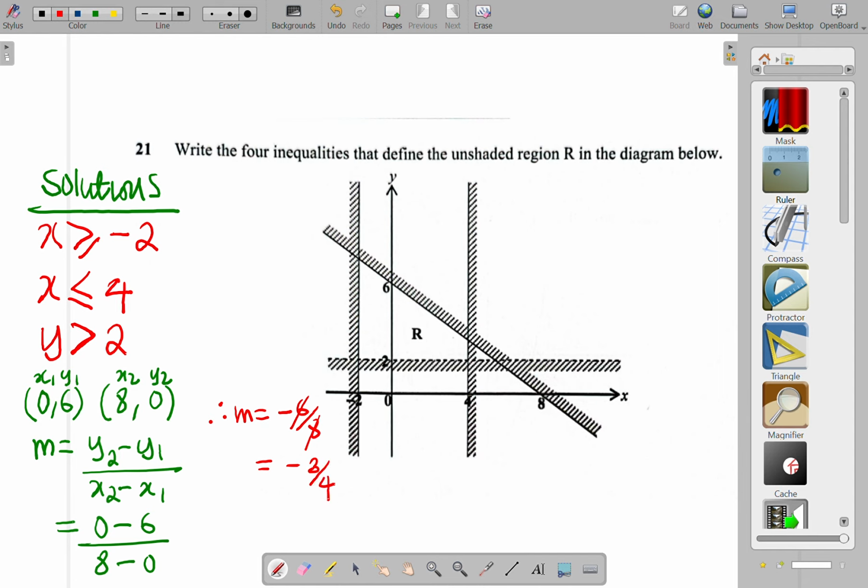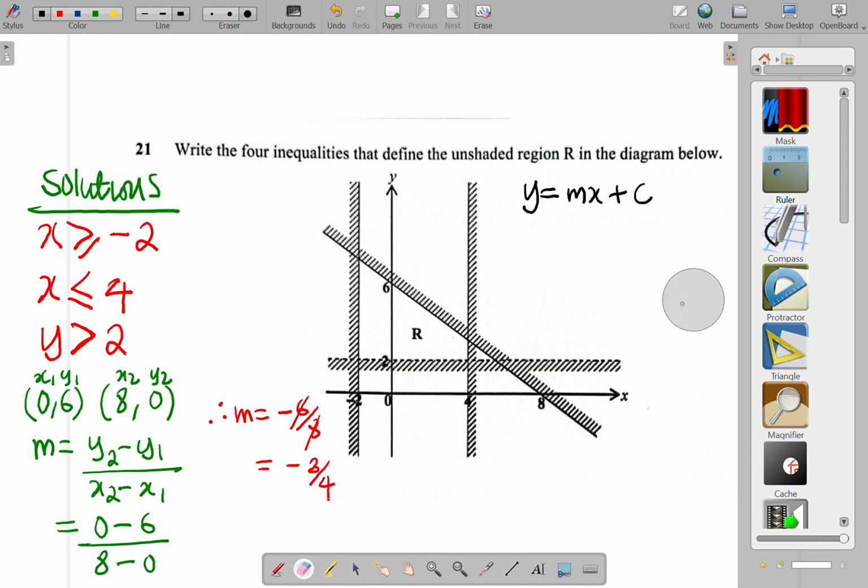That is your m. Therefore, that being my m, let's come to this other region there. So I'll simply say, okay, if that is my m, then we can say, therefore, using this, y is equal to mx plus c.